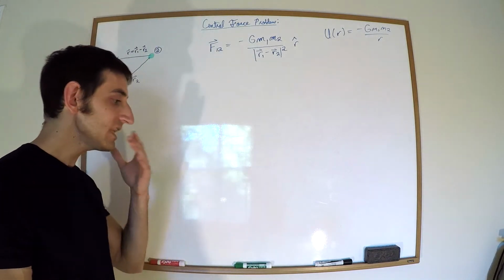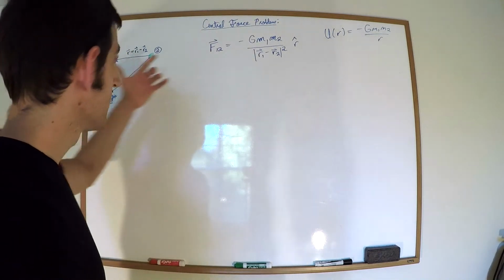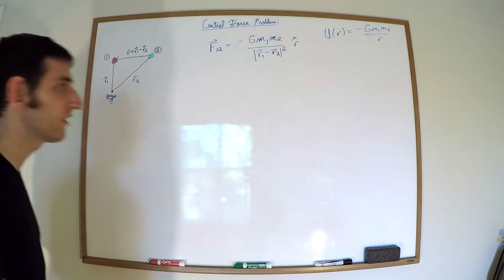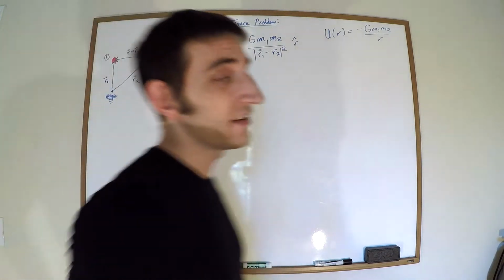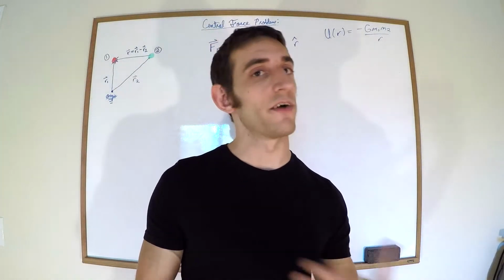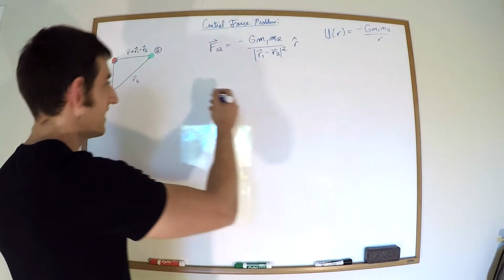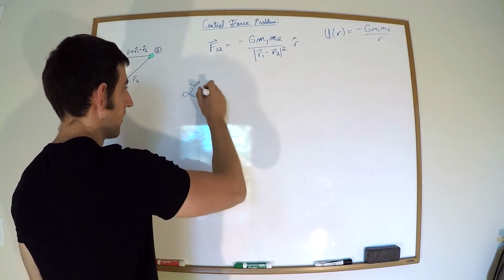So if we pick these generalized coordinates and we know the U, kinetic energy is going to be very easy. What we could have done is write down the Lagrangian and then figure out the equations of motion. So the Lagrangian is easy.